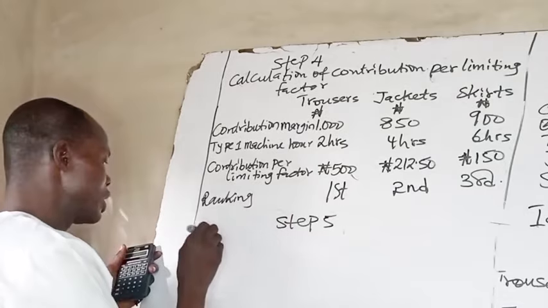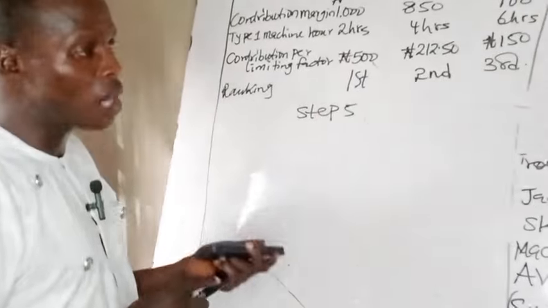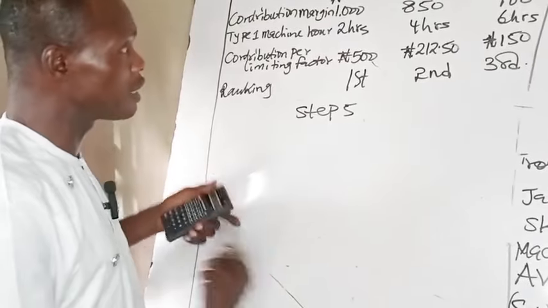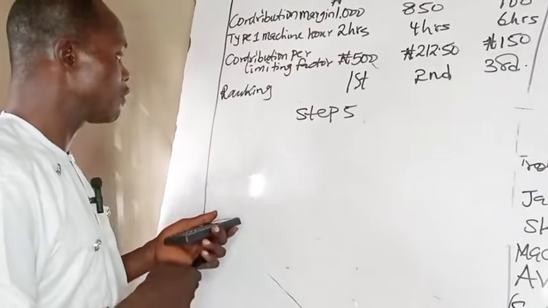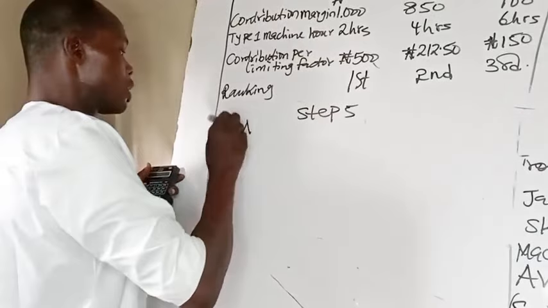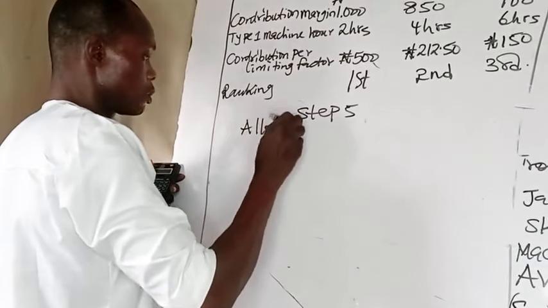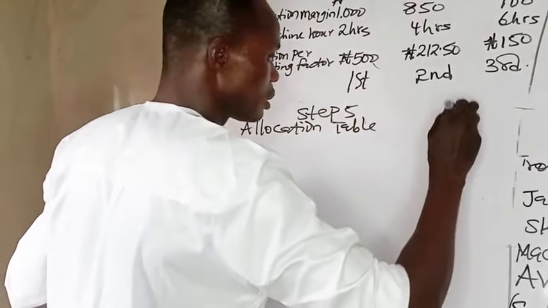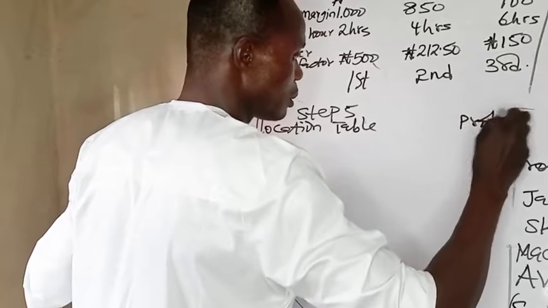Now let's have our allocation. The entity has not given priority to any of the products. You were not told that Jumbo is given any priority to any of the products based on the information provided in the question. So now let's prepare the allocation table. Can have product mix.